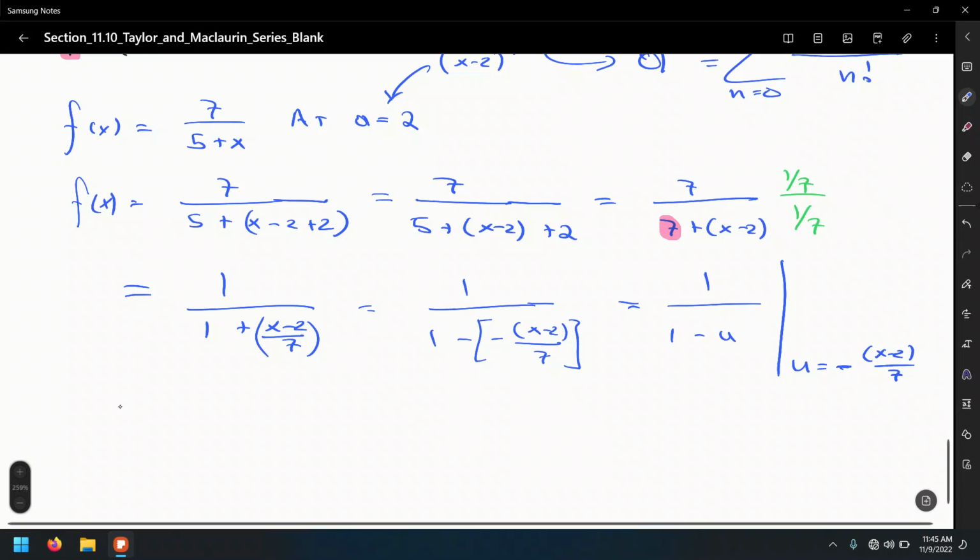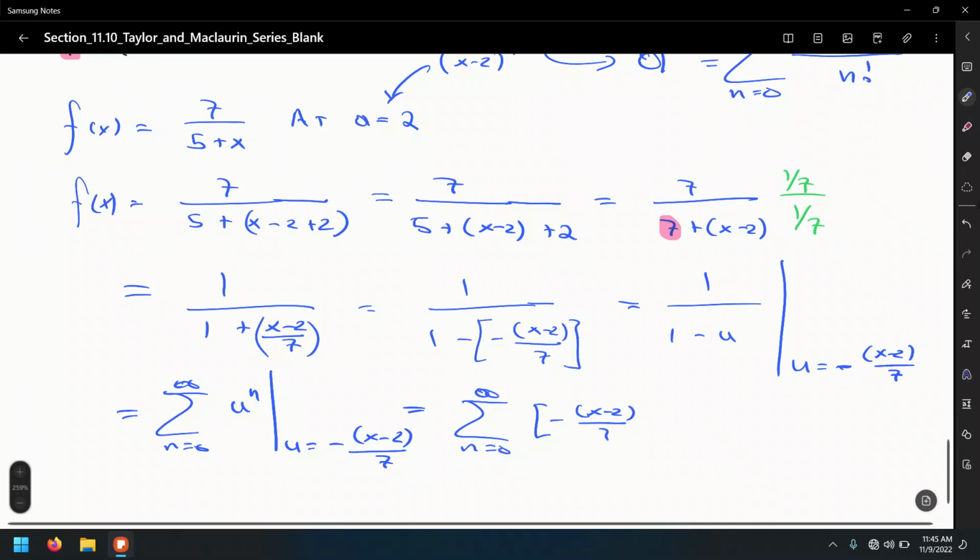Let's just do that. U to the n, where u equals negative x minus 2, quantity over 7, and just back substitute for u. Negative x minus 2 over 7 to the n power.